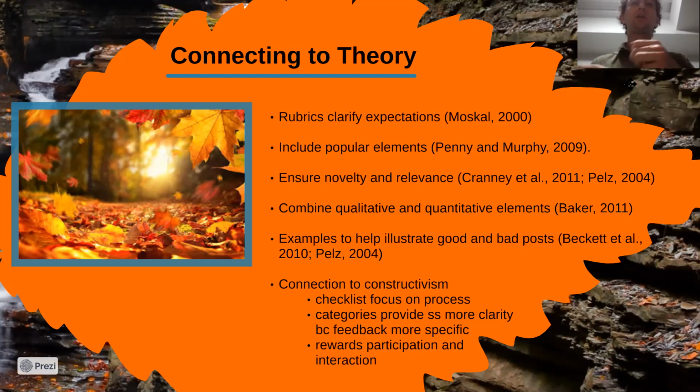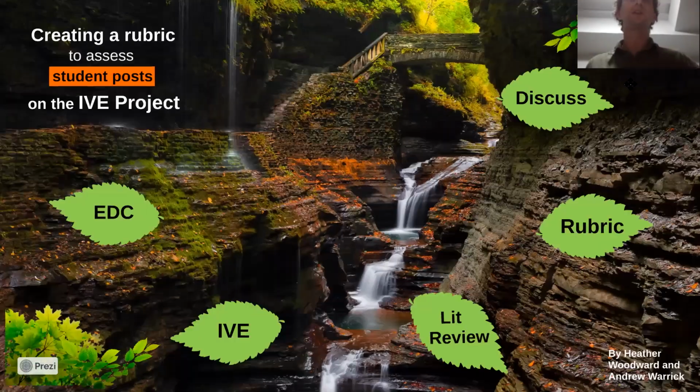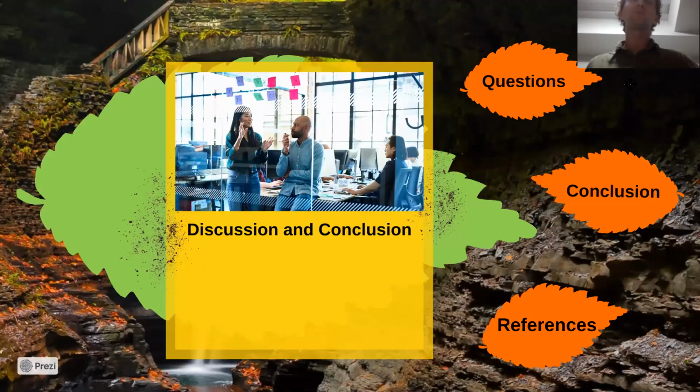And then we've given examples to help illustrate good and bad and so-so posts. And then finally, a checklist to help students review whether they've done the things that they are supposed to do. So taking all of these ideas from previous research into asynchronous online discussion forum rubrics, and incorporating them into ours, is why it was so big.